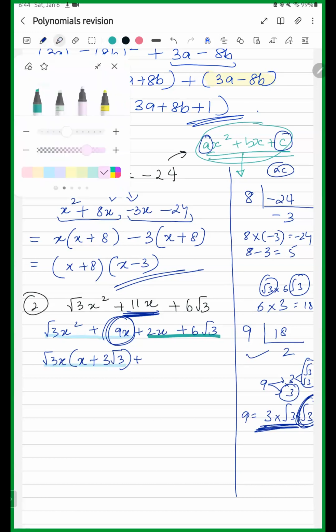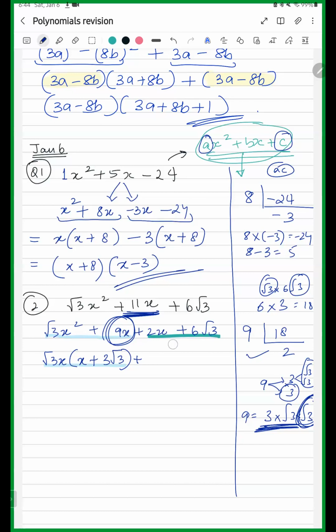Okay. So here we have, from these two terms, what are we taking? We are taking 2 as common. X plus 3 root 3. Why? Because if you forget about this root 3 for a minute, and you're taking 2 as common, in the bracket what will be left? 3 only, na? Because 2 into 3 is 6. So the root 3 being there doesn't really make a difference.